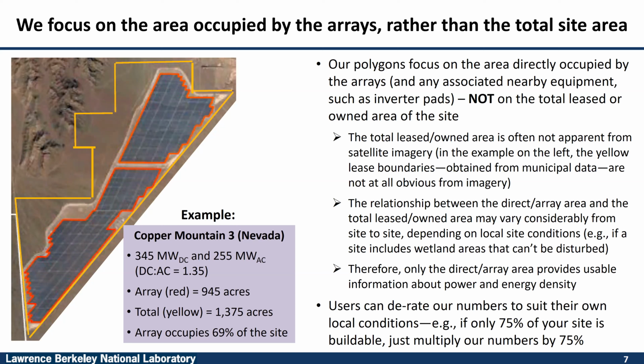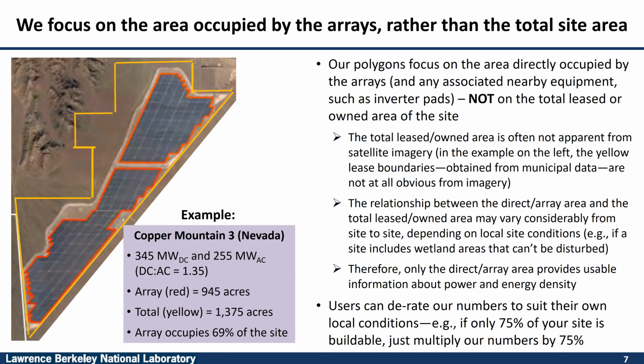And the yellow polygon, which I very roughly sketched in based on a map obtained from the lessor, measures 1,375 acres. So in this case, the array occupies only 69% of the total leased area, and the shape of the total site or the total leased area seemingly has relatively little bearing on the shape of the array itself.